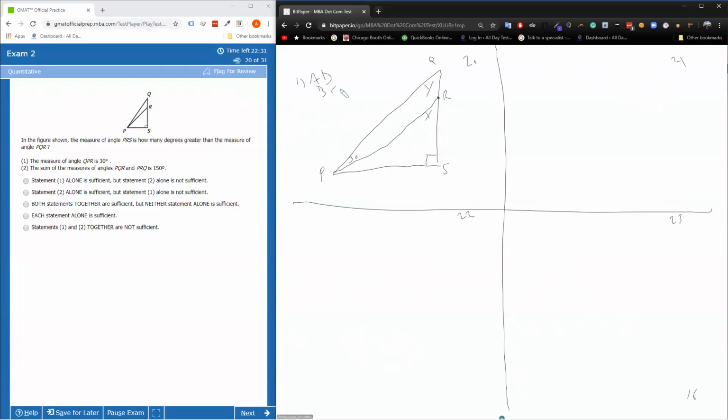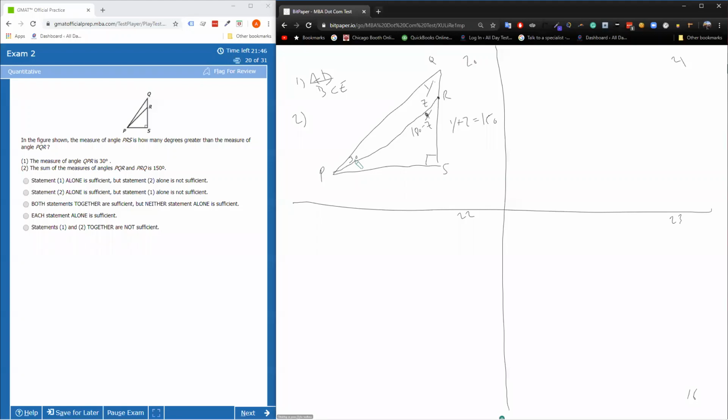Insufficient. The sum of the measures of angles PQR and PRQ. PQR is Y, PRQ is Z. So Y plus Z is equal to 150. And we're looking for sort of 180 minus Z. Y plus Z is 150, so that means this is 30.